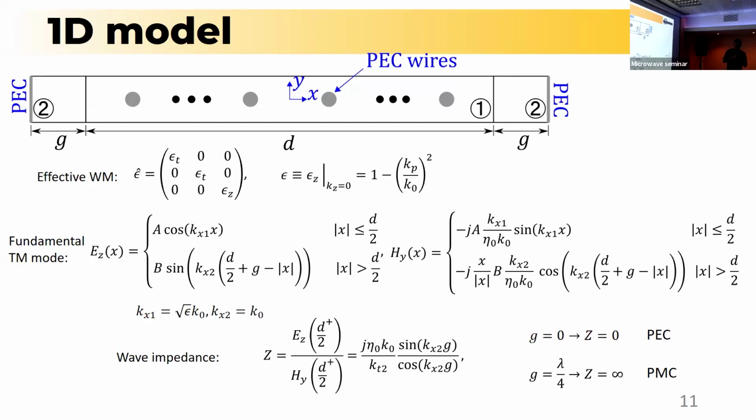It is a stupid question, but the field must be continuous at plane number 1, and you have cosine and sine, but at d over 2, it should be continuous, no? It should be continuous, yeah. In the boundary between 1 and 2, it should be continuous.